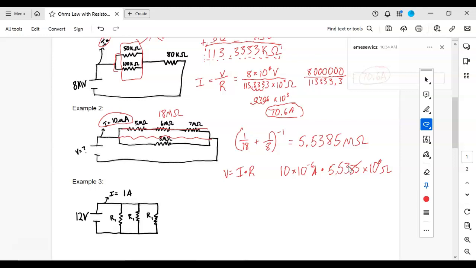Now, because we're multiplying, we can just cancel out the 10 to the -6 times 10 to the +6, because that just equals 1. And then we have to do 10 times 5.5385, which would just equal 55.385 volts.